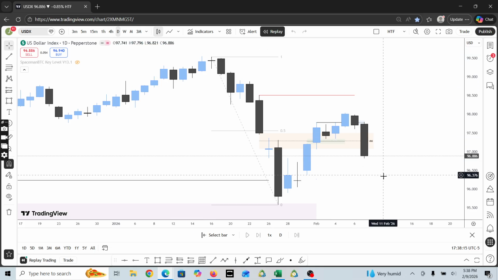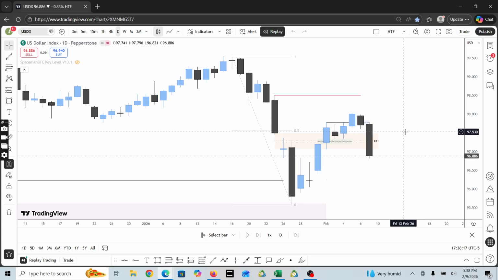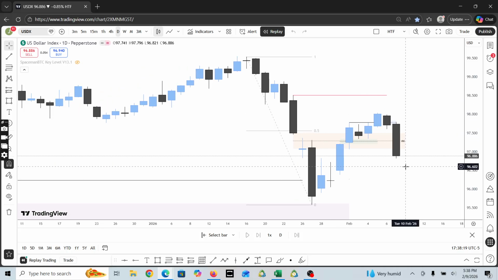So on the H4 now, my target for the week, if this is truly it, means that from this high to this low, this is a pullback, and ultimately we'll be expecting price to come all the way to take out the sell side liquidity here.